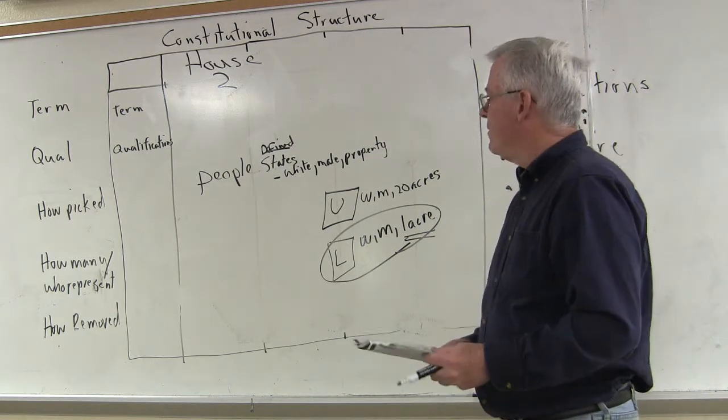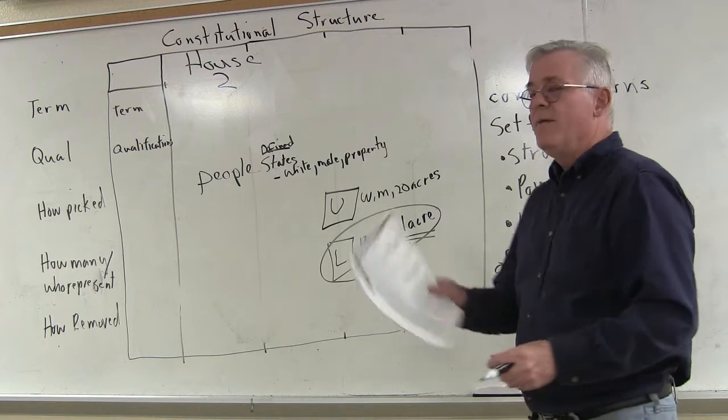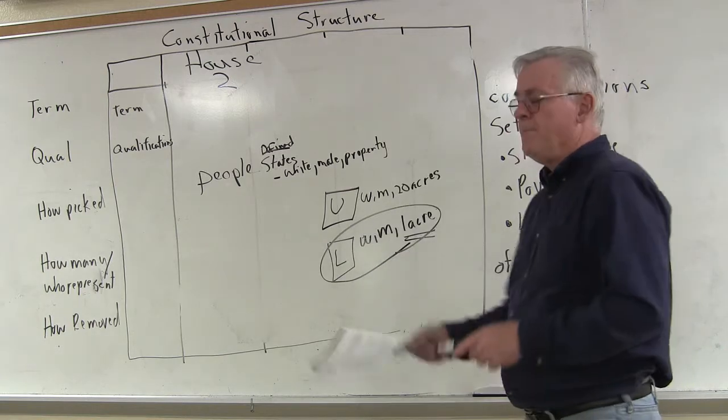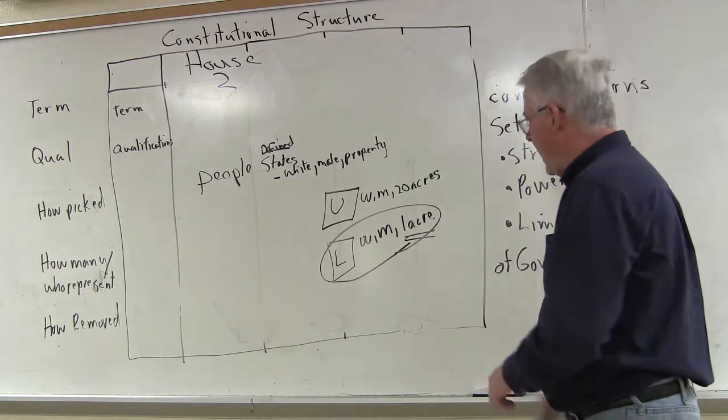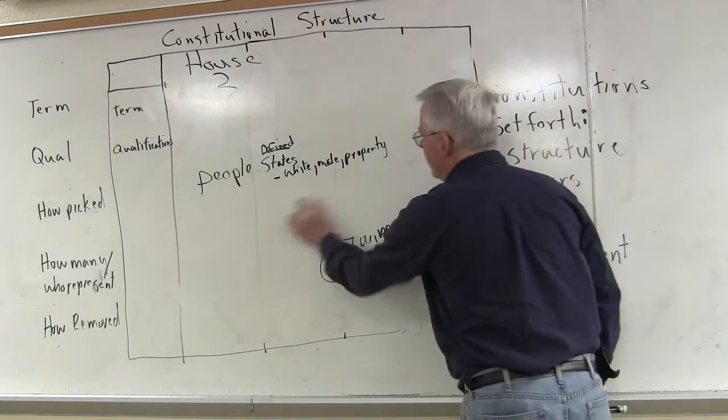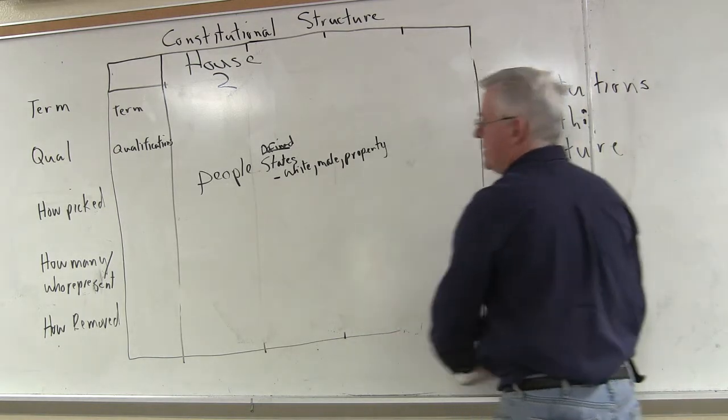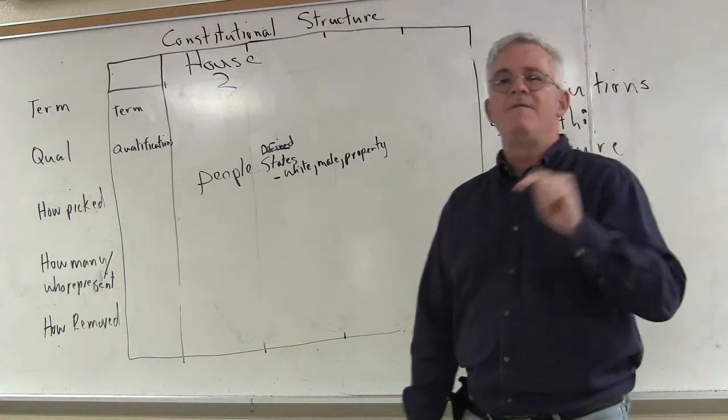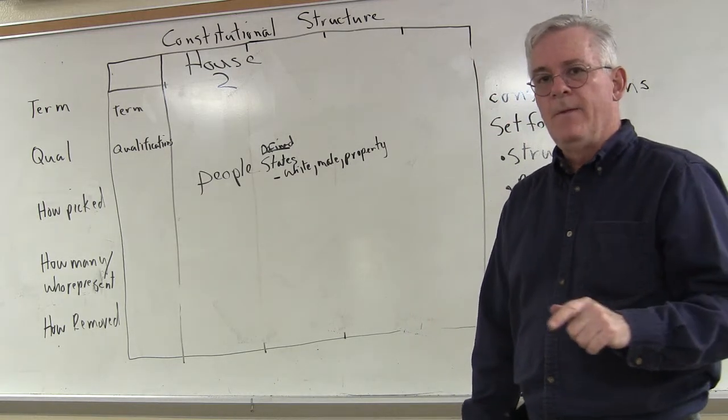You get it? For the members of the U.S. House of Representatives. That was the only restriction on who states could allow to vote in federal elections.